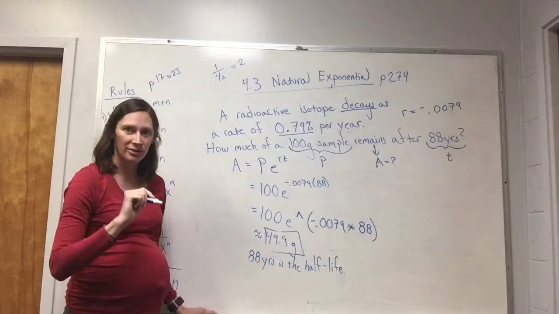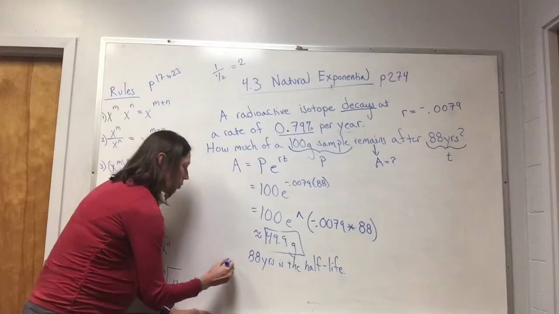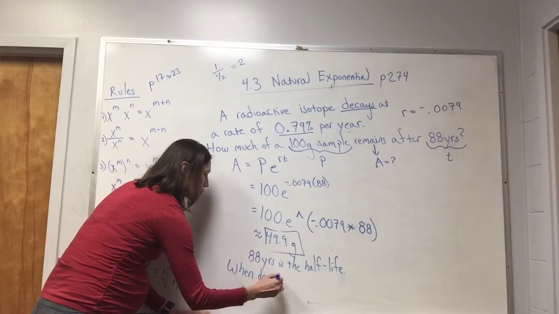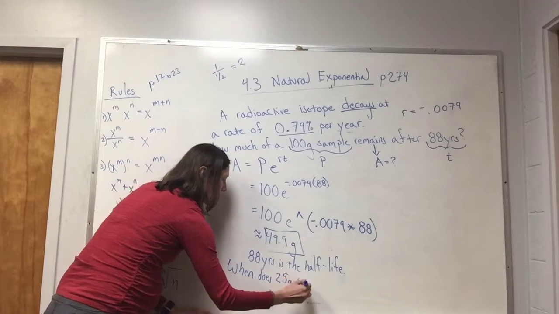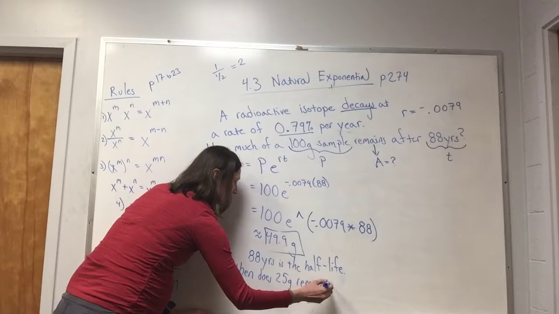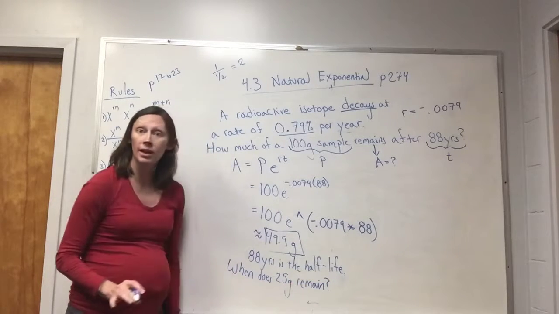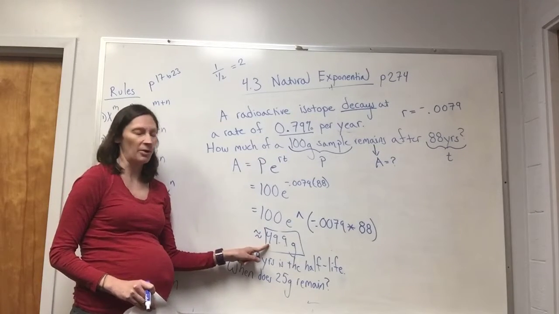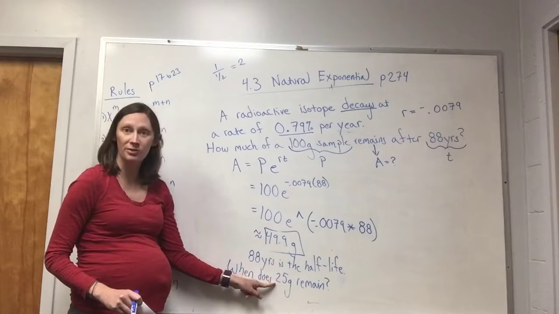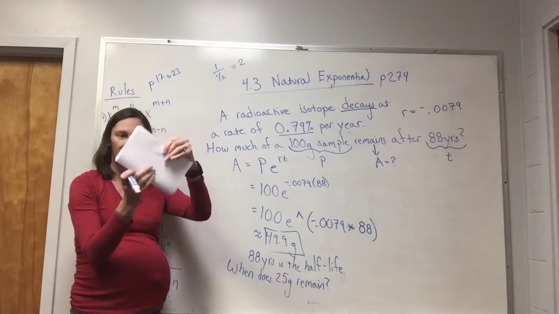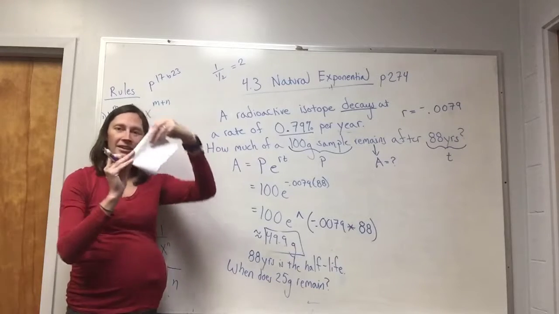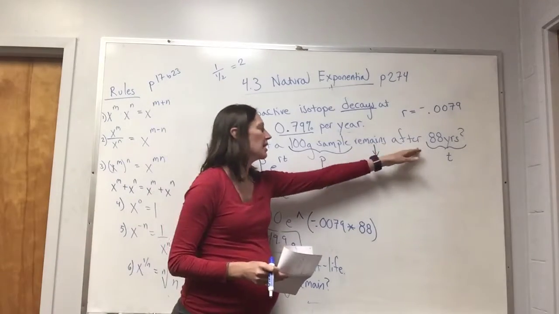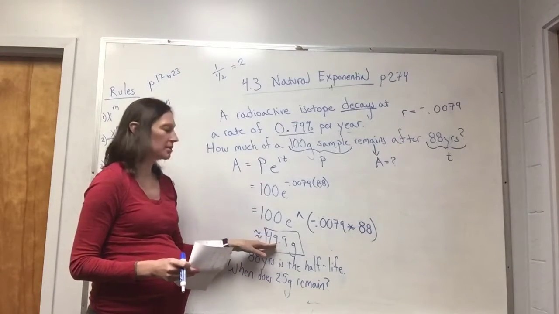As a follow-up, I could ask, when does 25 grams remain? And I can solve this without doing any algebra. Half of 100 is 50. As I'm saying, this is about 50. Half of 50 is 25. So if I have this half-life and then it goes in half again, we're calling that about 25 grams. We had the first 88 years to get us down to 50 grams.